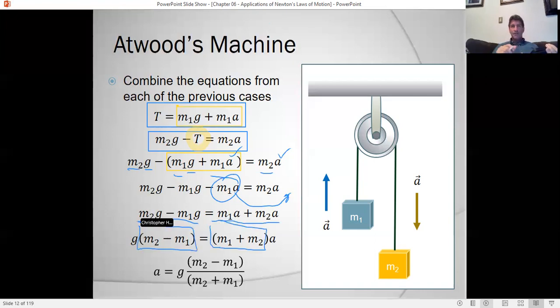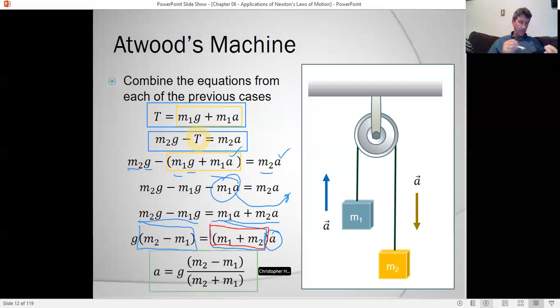I just combine the two terms that are G and the two terms that are A with the parentheses. I now solve for A by dividing both sides by M1 plus M2. And I get my final equation. Acceleration equals G times M2 minus M1 over M2 plus M1.